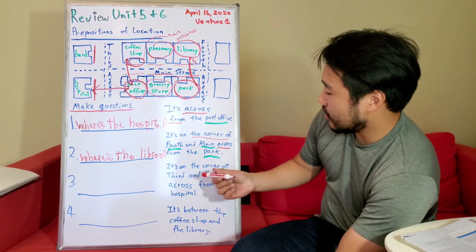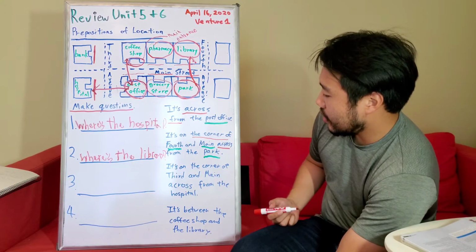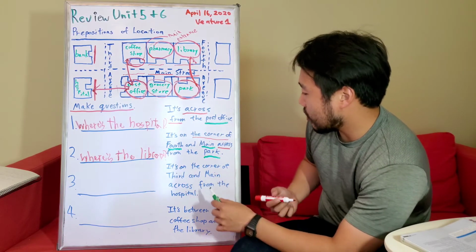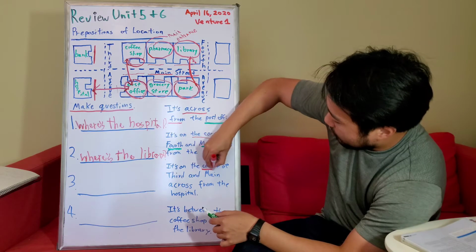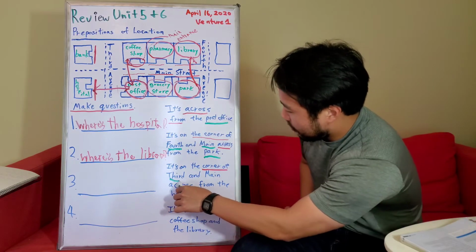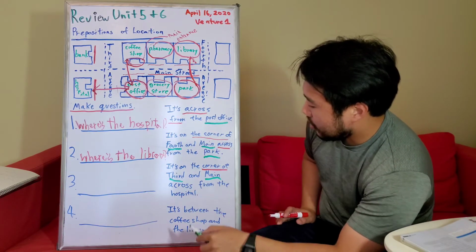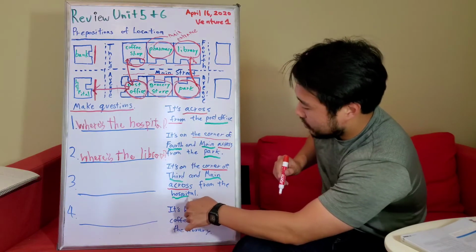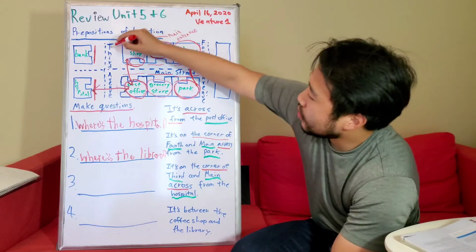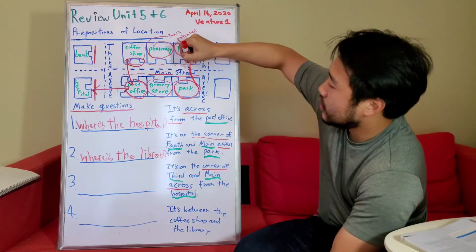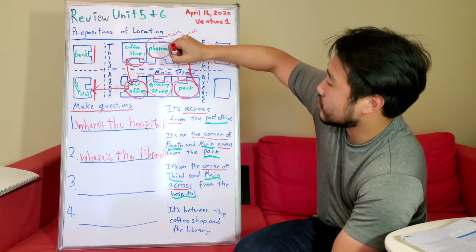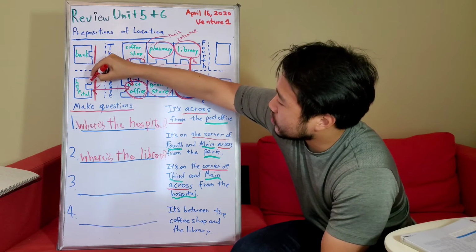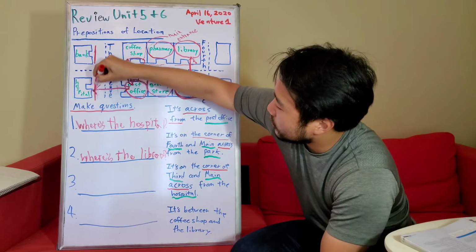Number 3, it's on the corner of 3rd and Main, across from the hospital. So again, it's a corner question. So preposition, corner of, so 3rd and Main, across from the hospital. So 3rd Avenue and Main Street, on the corner across from the hospital. If you look at the hospital, the main entrance is right here. So this is the front side of the building.